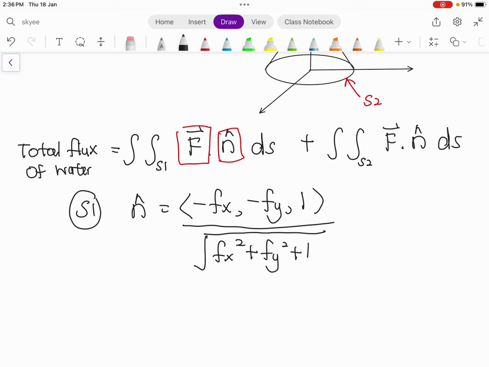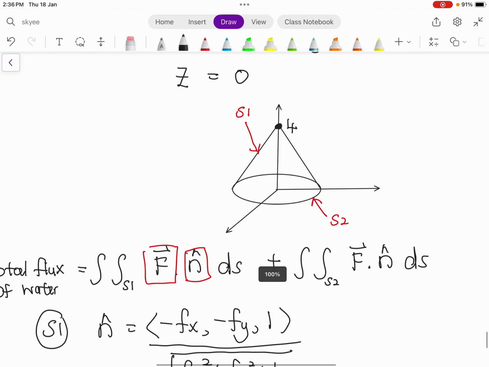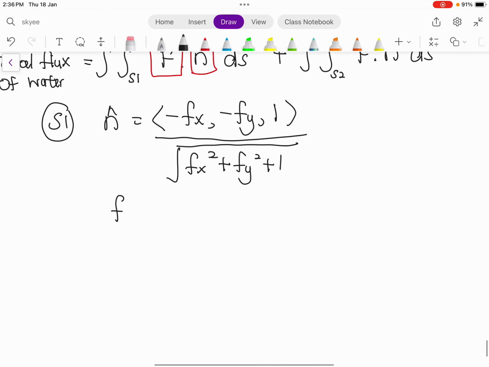Now what is your f? You are referring to this surface, so of course you will take the equation of the cone, which is 4 minus the square root of x squared plus y squared.